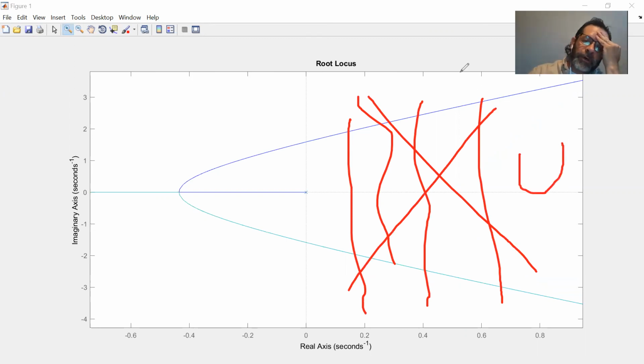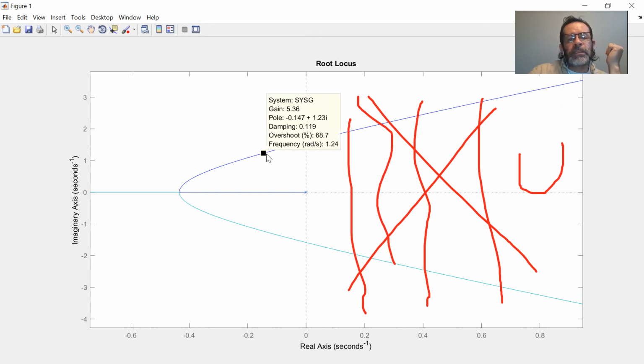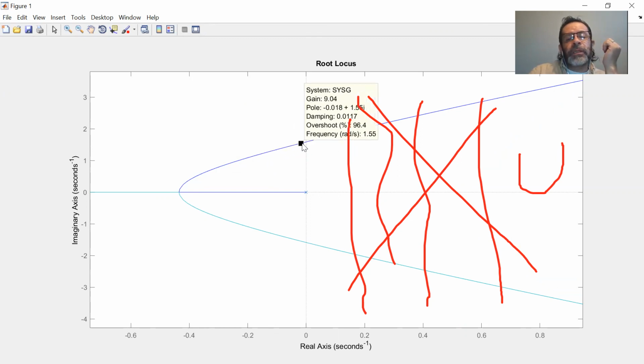So I can go through the values of K and see that the value of K starts getting larger until I get around this point here.